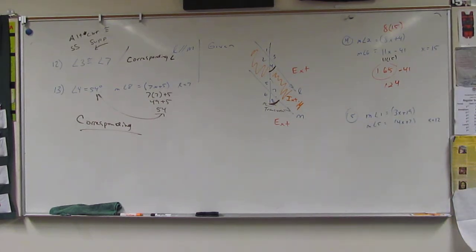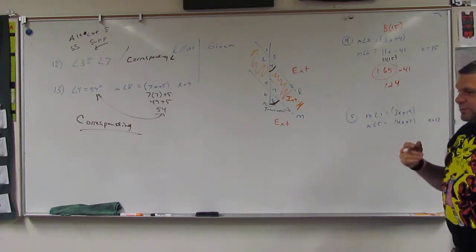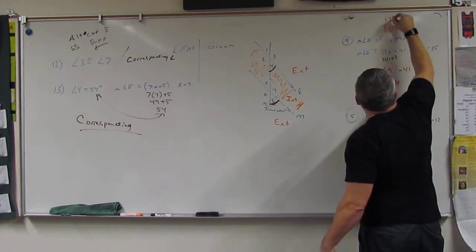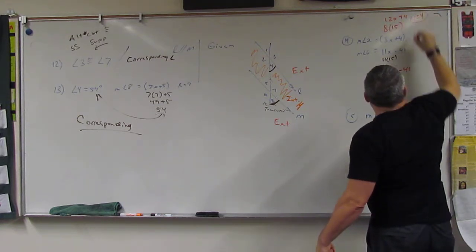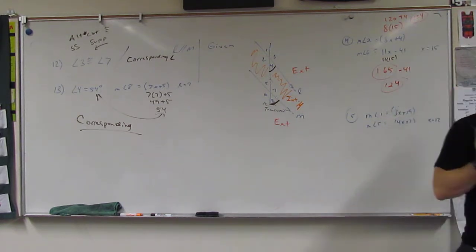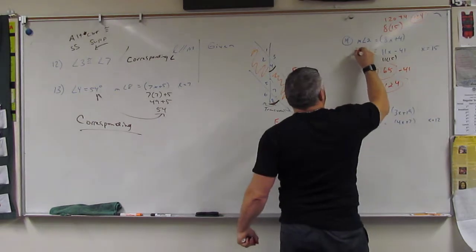That'd be 80 plus 40. What's 80 and 40? 120, right? Okay, plus 4. 124, right? Are those equal? 124 and 124. Yes, okay. What they're saying then is these are congruent.